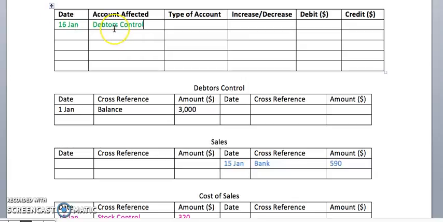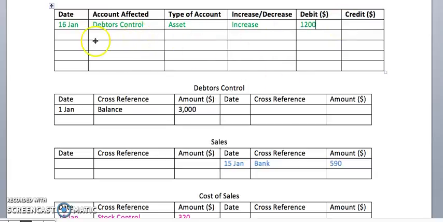We need to increase debtors because these people now owe us money. So it's increasing the amount that they owe us. We are entitled to more money, so it's an asset. It's going to provide future economic benefit. Increasing. We know that to increase an asset, we need to debit. So let's do this one as 1,200.